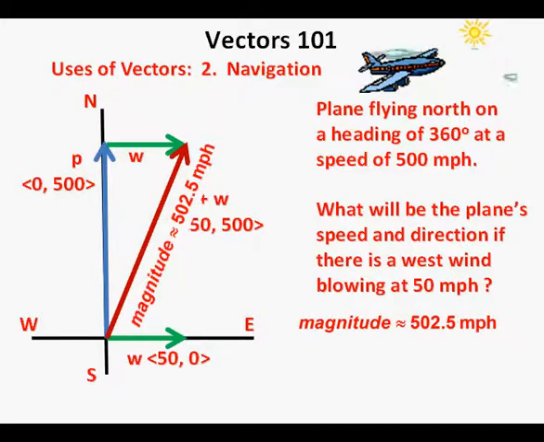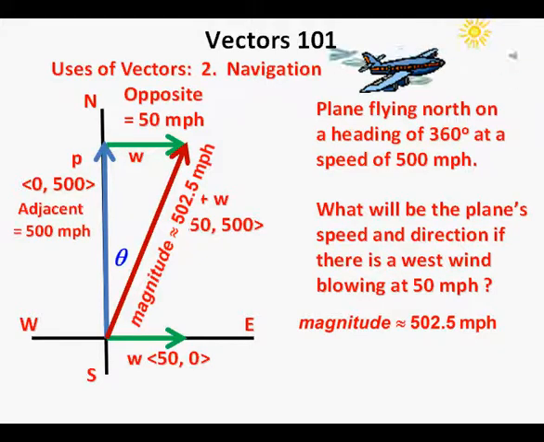And we want to find the angle of the plane will be moved away from the north heading, so we will label the angle we're looking for as theta. And in this right triangle, the opposite side of the angle theta is 50 miles per hour, and the adjacent side of this right triangle is 500 miles per hour.